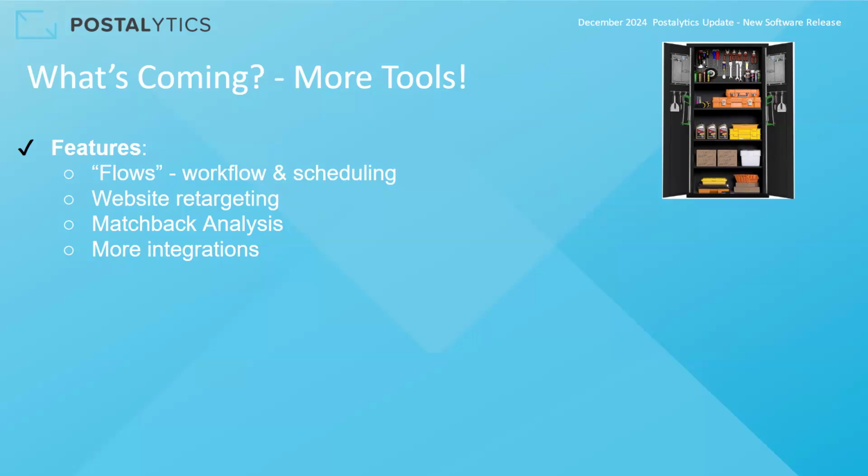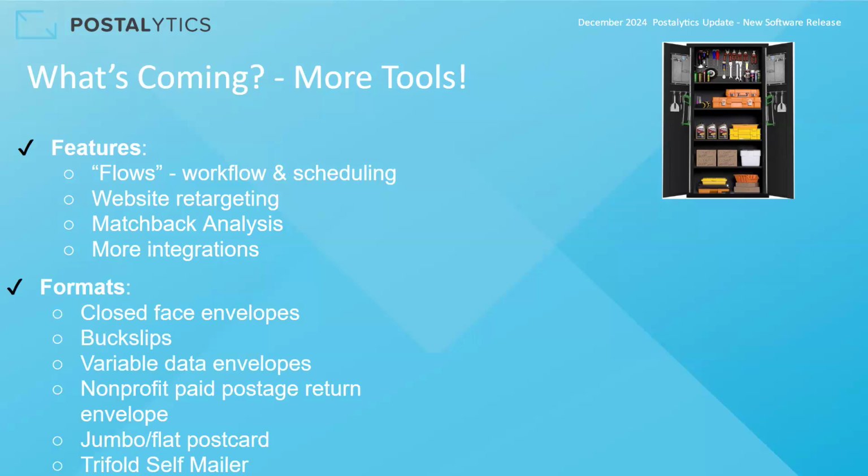Finally, more integrations. We've built a variety of different integrations across different CRM and marketing automation tools. More coming there, including some of the very common tools that you use for creative. So lots more coming on the integration side. Really excited for that.